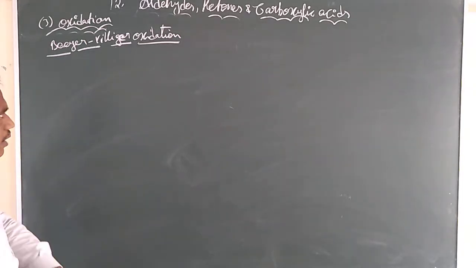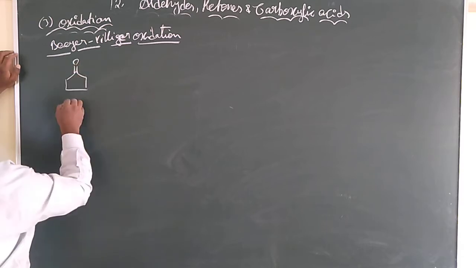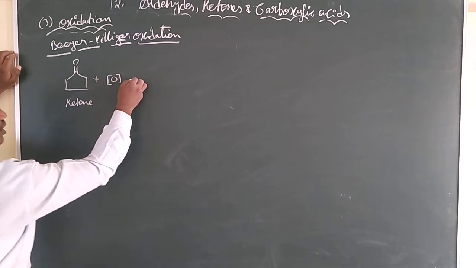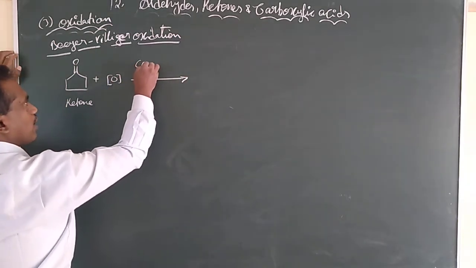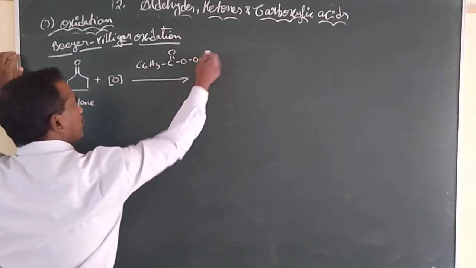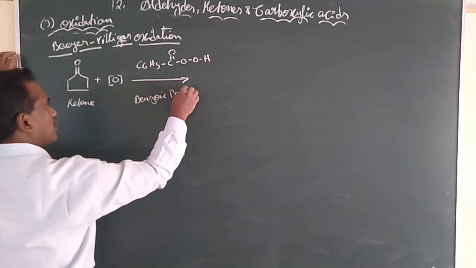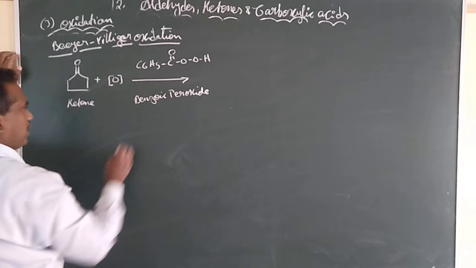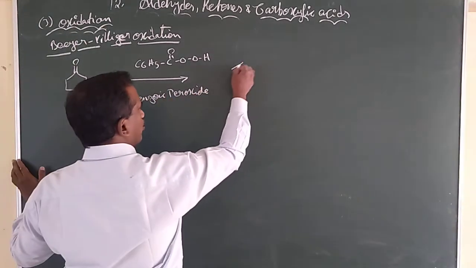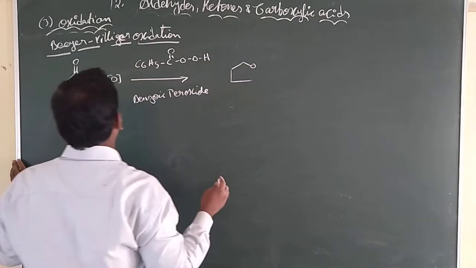Whenever we have any ketone, if the ketone is undergoing oxidation with a catalyst like benzoic peroxide, between the ketone and the carbon, one oxygen will be introduced.